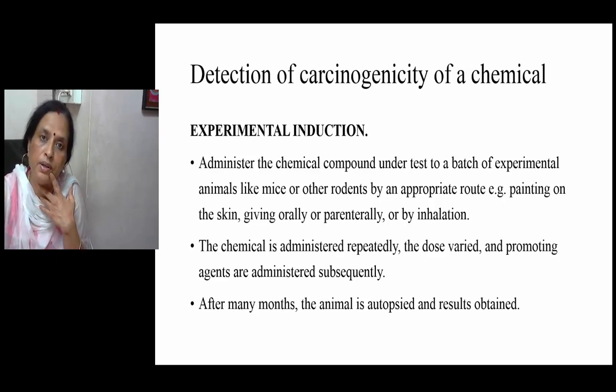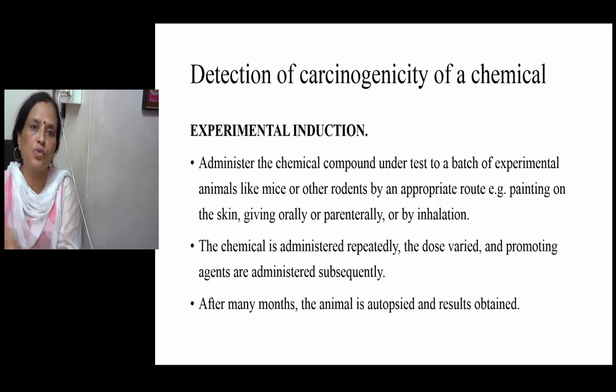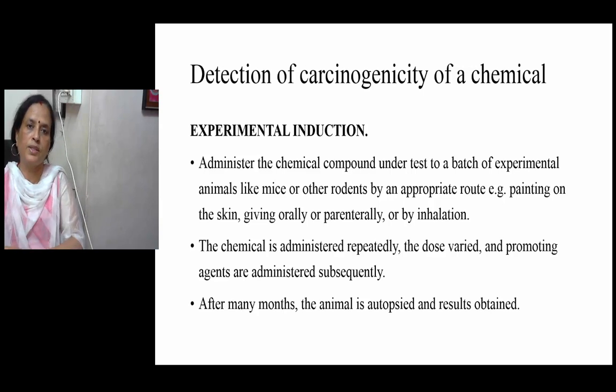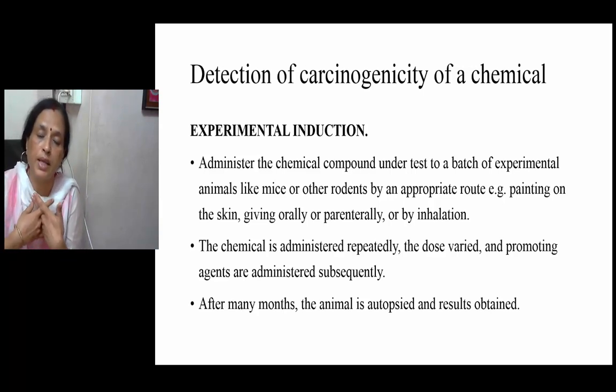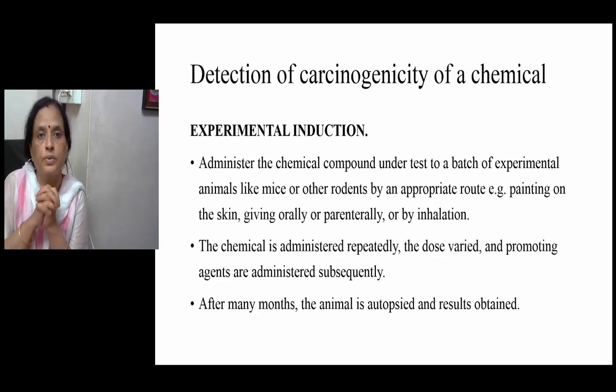How is it administered? It all depends on what chemical we are testing. Is it a chemical that is known to produce carcinoma of the skin? Then it has to be painted. Is it a chemical that produces malignancy in vivo? Then either inhalation or ingestion or by parenteral route we have to administer this chemical.